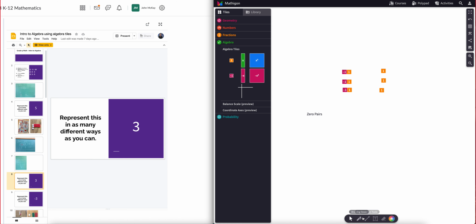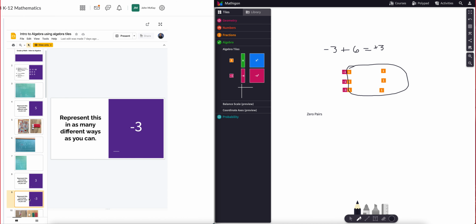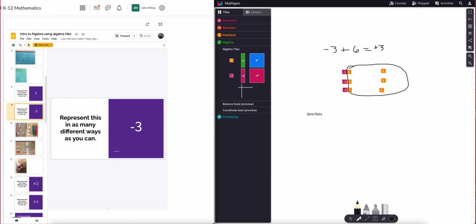You'll note that I started with negative 3 tiles, and then I added in 6 orange ones, or positives. That leaves me with positive 3. This is all we're trying to get at. It's not a whole lot in here. It's just multiple representations of things.